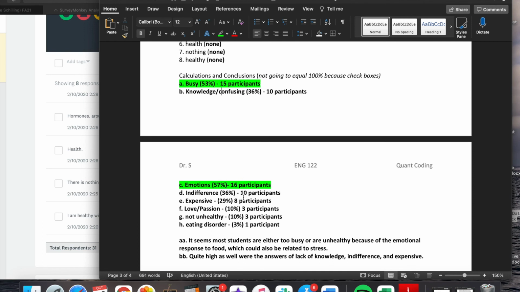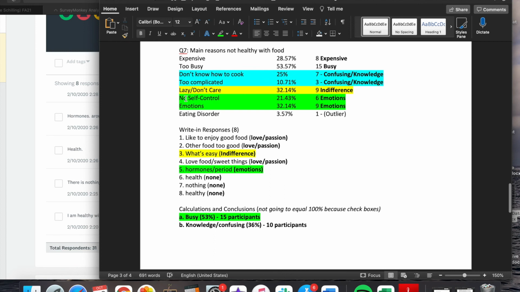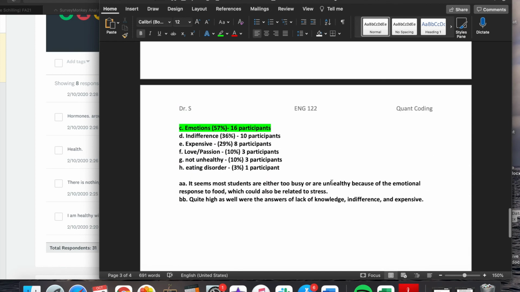And I'm just trying to find out the most popular answers, and the most popular answers were busy and emotions. So initially I had no self-control and emotions, but I added these 3 different kinds of responses into one code, because that's what you want to do. You want to reduce and replicate.